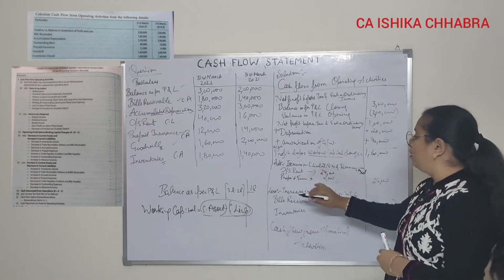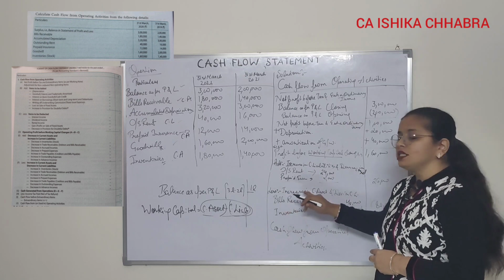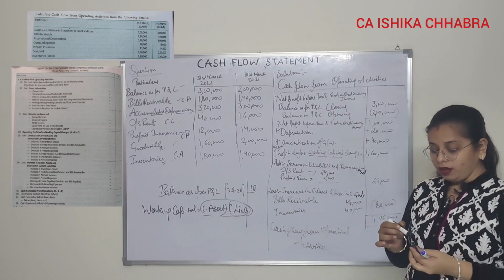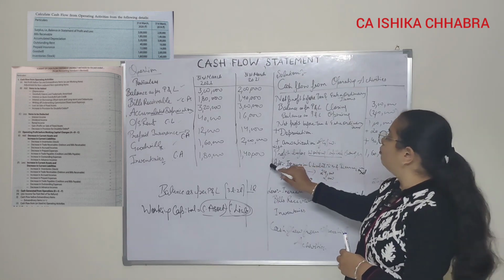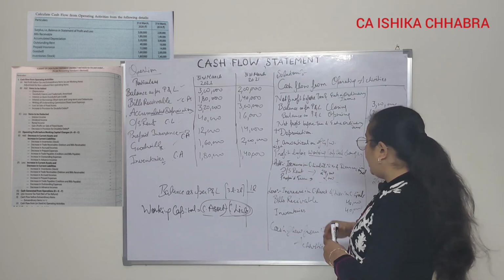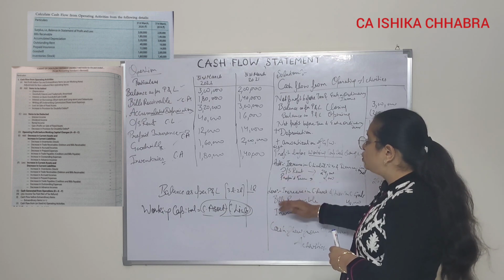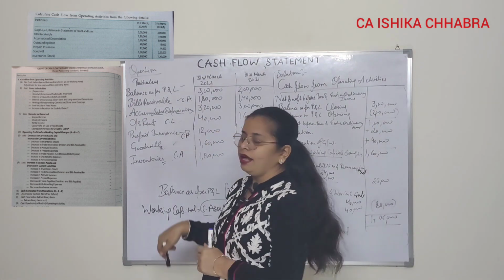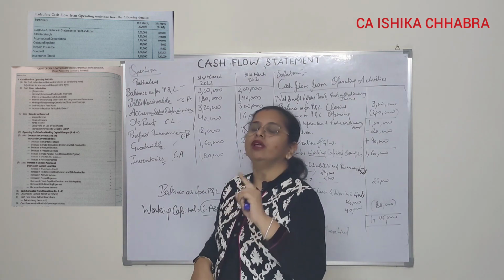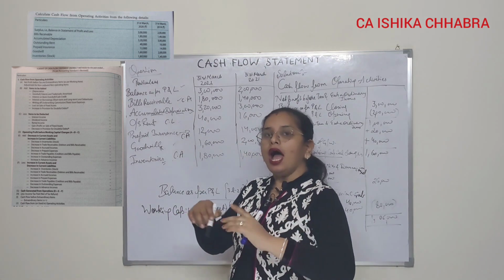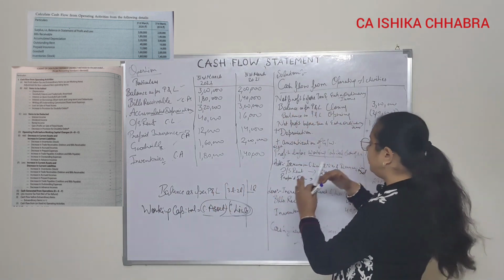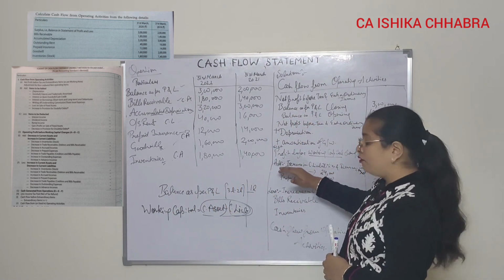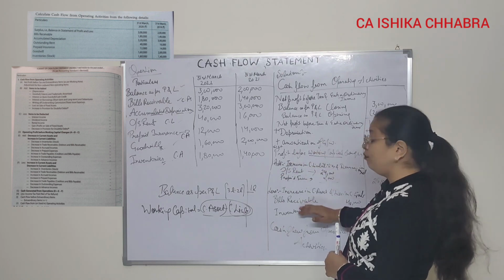And opposite to that, increase in current assets and decrease in current liability. We will write this heading first, and then we will add these two items. One by one we will take each current asset and current liability and check whether it is increased or decreased. If our current liability increases, we will write it here. If our current asset increases, we will write it here.